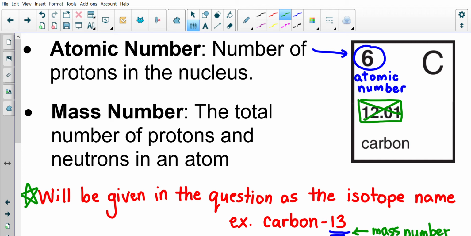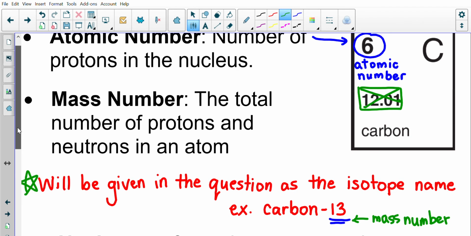The reason is that number, 12.01 for carbon, is the average mass of all of the isotopes that exist for carbon. If we went out, found every single piece of carbon that exists in the world, and averaged the mass of all of that carbon together, we would get 12.01. Now in Physics 30, we don't want to use the average mass for anything. Instead, we want to use the mass of a specific isotope. So that's why you get it from the isotope name, not from the periodic table.